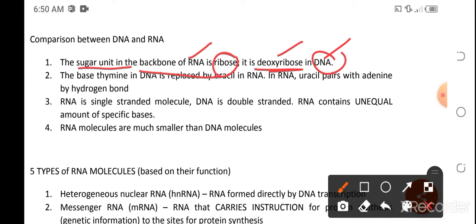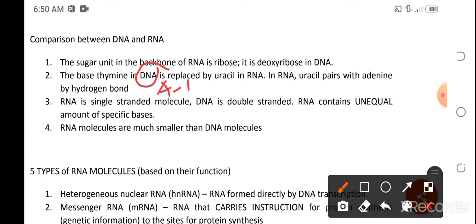Now, in terms of bases, the DNA will only have adenine paired with thymine and guanine being paired with cytosine. However, in RNA, this thymine is replaced by uracil.